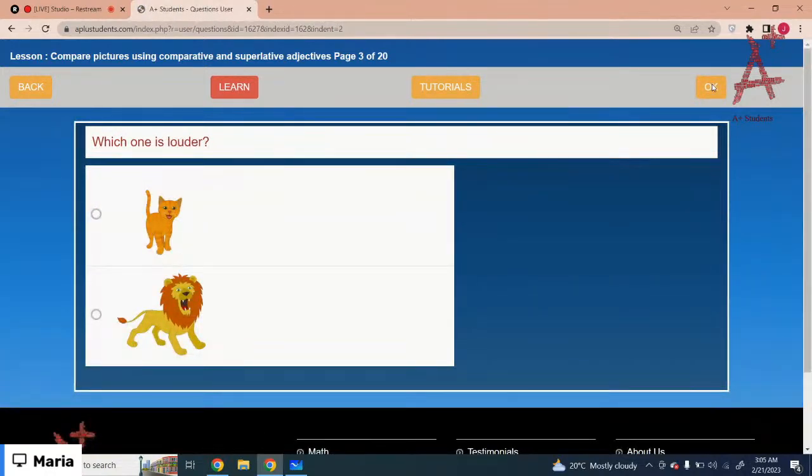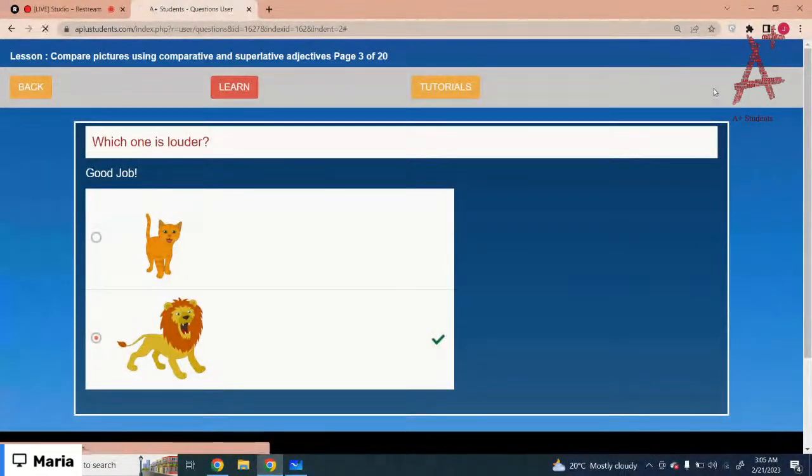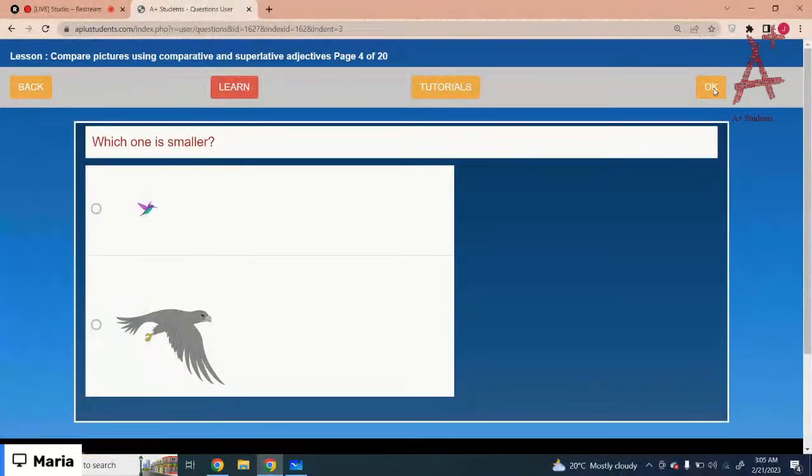Which one is louder, the lion or the cat? Which is louder? Lion is the louder one. Got it? Which one is smaller? Comparing pictures is very easy, correct? Because we can see the smaller thing.